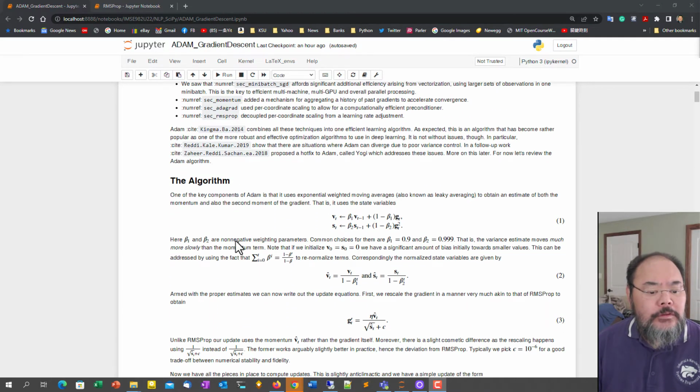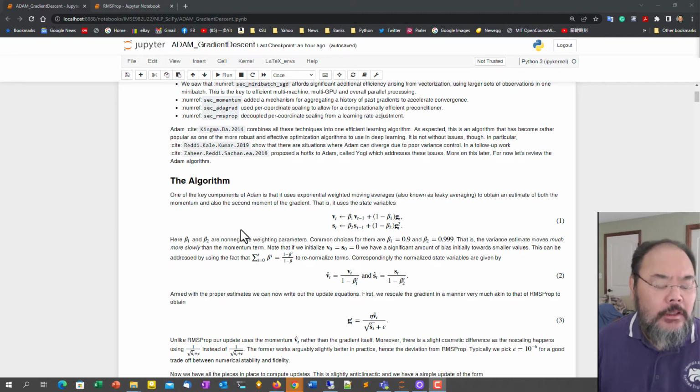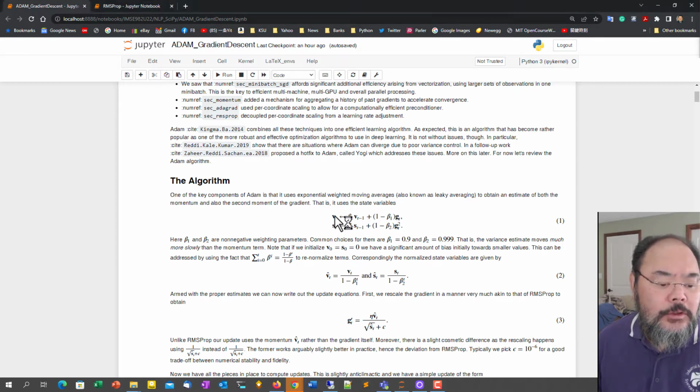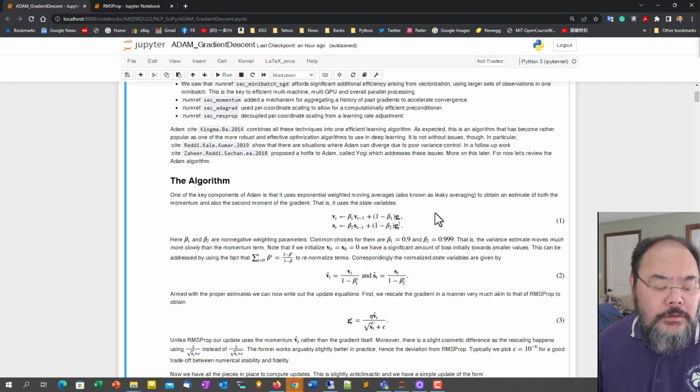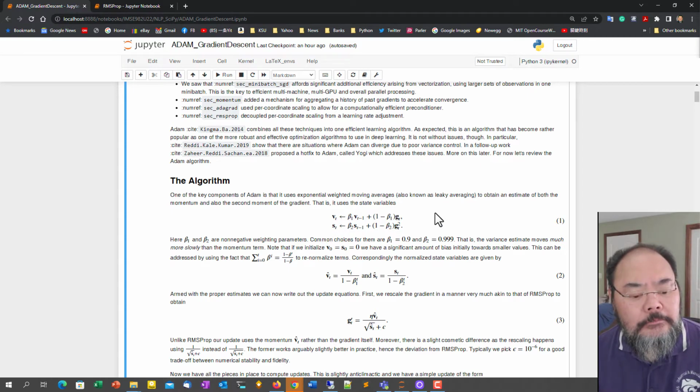So let's review the Adam algorithm we talked about before, one more time. The key components of the Adam algorithm are the first order momentum V and the second order momentum S. V is just the exponential smoothing between the current momentum and the current gradient information, using weights beta 1 and 1 minus beta 1.